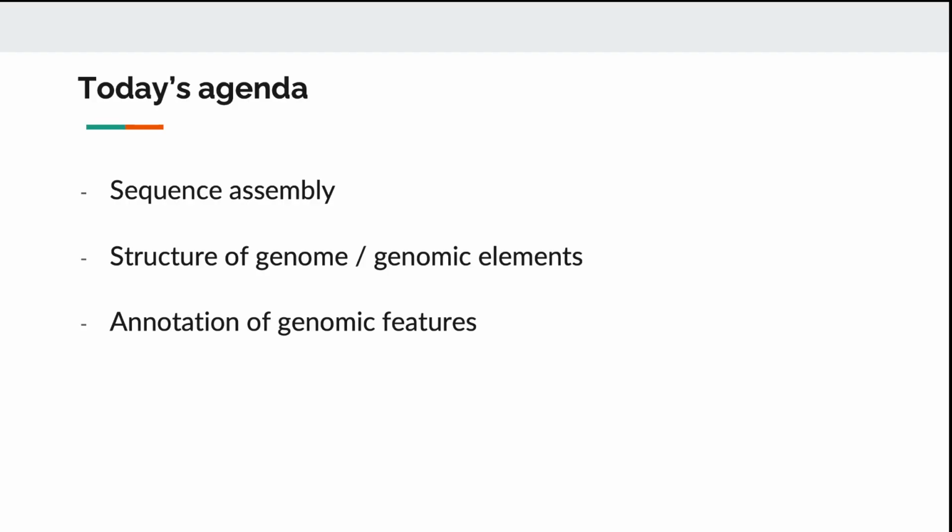Okay, so today's topic: we're going to talk about the concept and the algorithms behind sequence assembly. We're going to talk about the structure of genomes, because once we are able to assemble the sequence and reconstruct the genomes, we need to understand what genomic elements are on the genome, such as protein coding genes, transcription factor binding sites, enhancers, and promoters, for example.